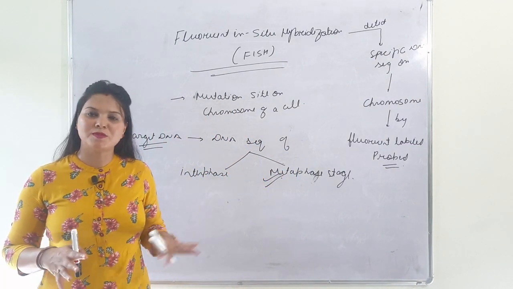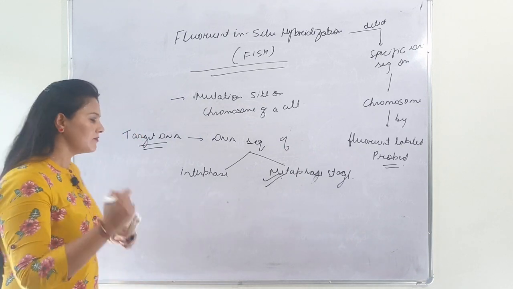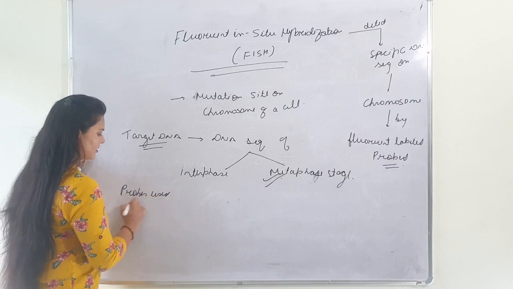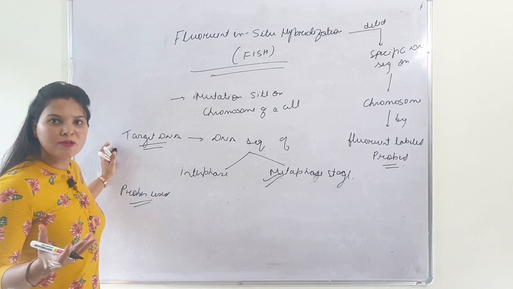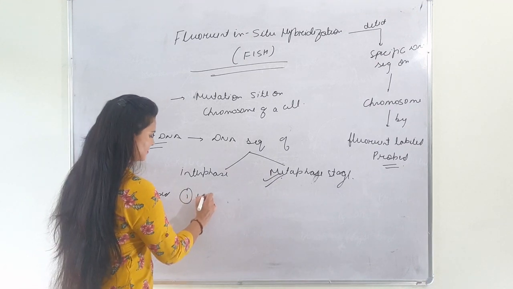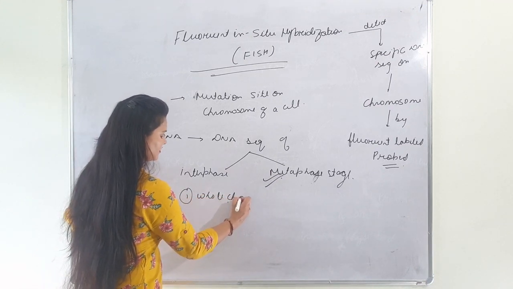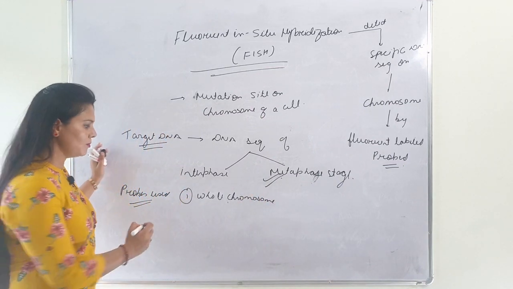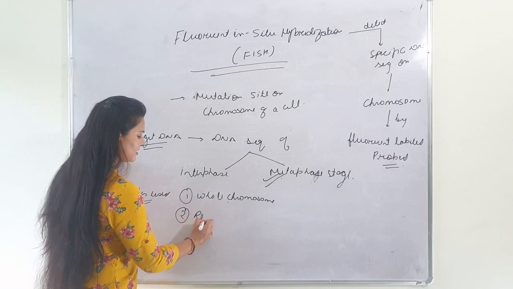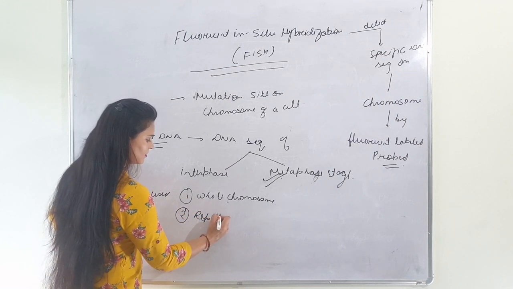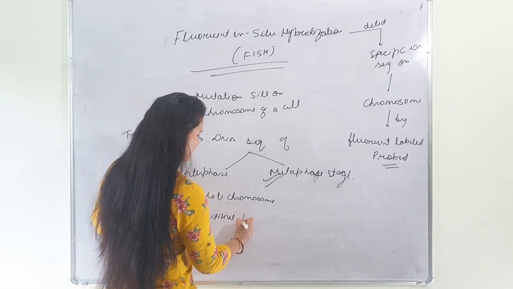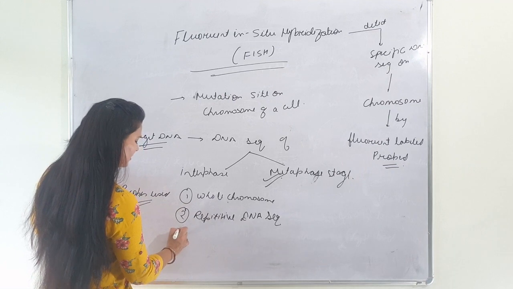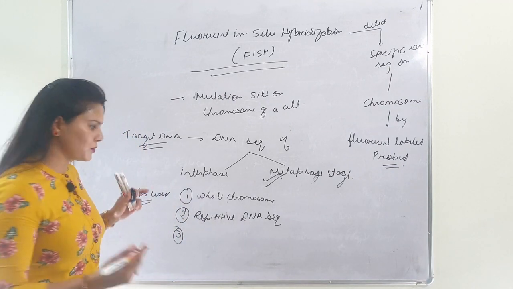A wide variety of probes are used in the FISH technique. Either a whole chromosome can be used as a probe, or secondly a repetitive DNA sequence, or a specific localized sequence.